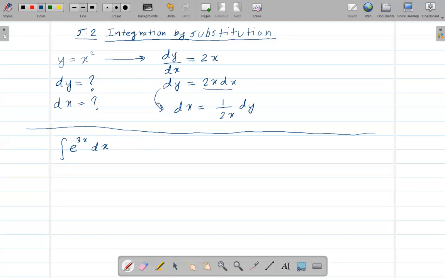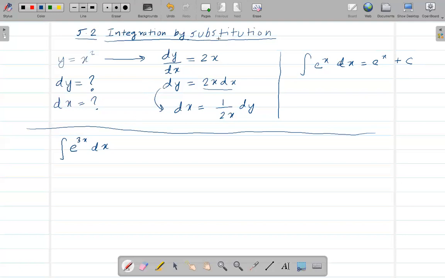Using this substitution technique, let's find the integration of this. We know that the integration of e to the power x dx is equal to e to the power x plus c, if there is just x on the top.